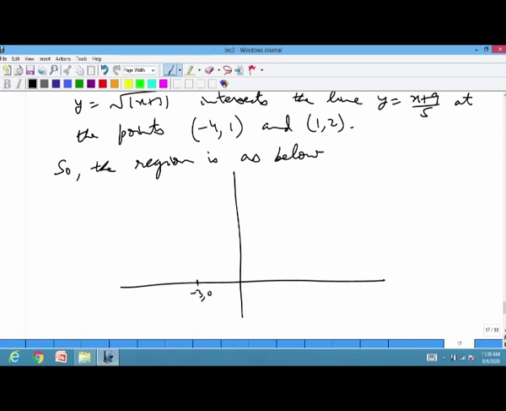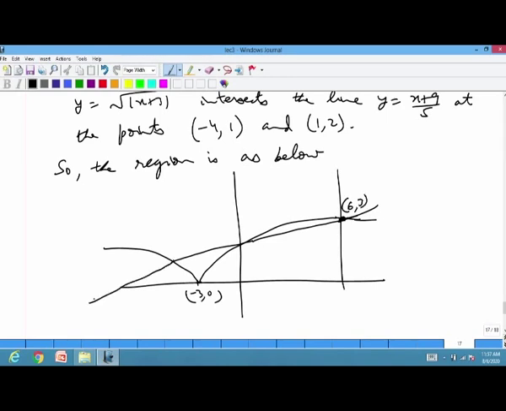We have this is (minus 3, 0), this is the intersection (6, 3), this is the line y equal to (x plus 9) by 5, this is x equal to 6, and this is y equal to f(x).